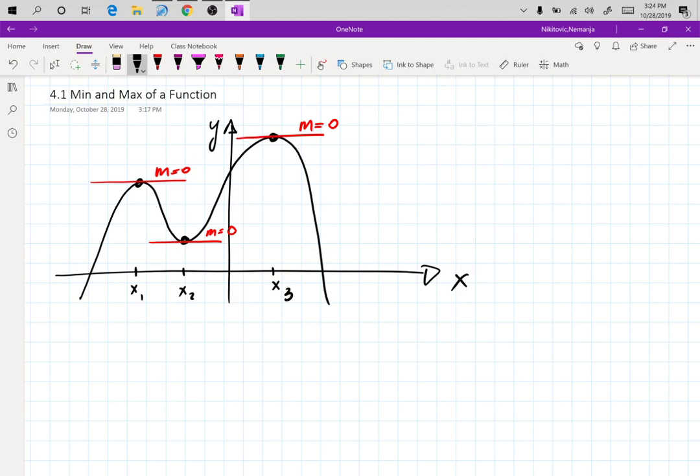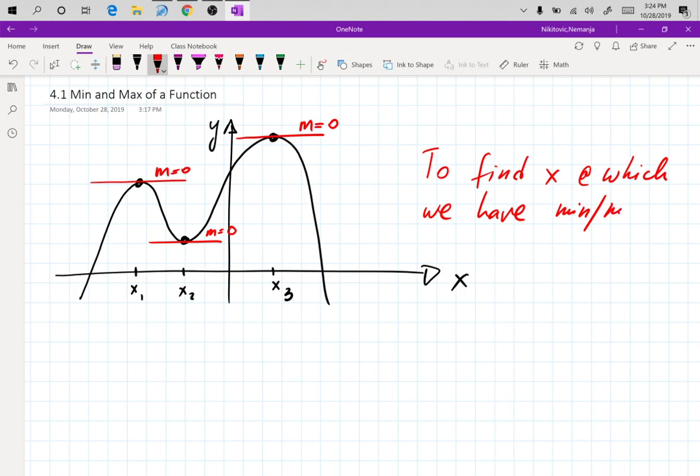So, to find x at which we have min/max, set f prime of x equal to 0, and solve the equation.